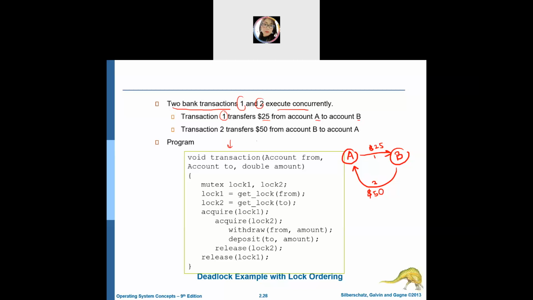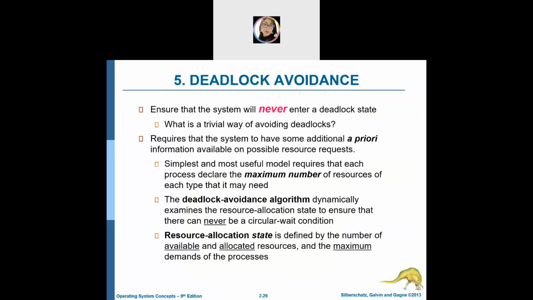So this is just a general example: if we have two transactions like this, whether transaction 2 is going to wait for transaction 1 to finish first and then continue or not, you are going to prevent a deadlock.